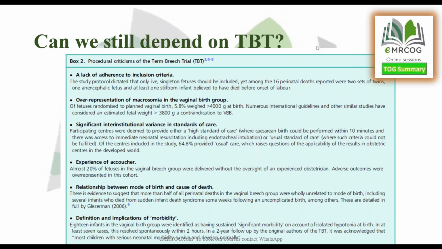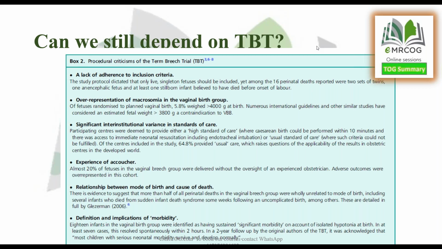And there was a problem with the relationship between mode of birth and cause of death. They found that some babies who died in the term breech trial did not die because they were delivered breech. It was because of other causes, but it was considered in the final result as an association between the breech and neonatal deaths.